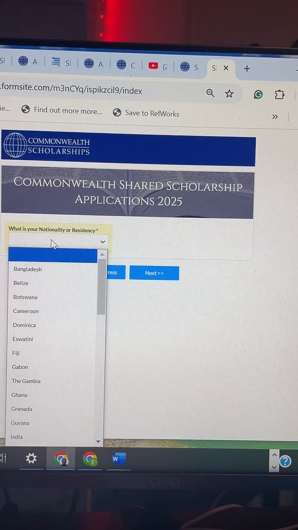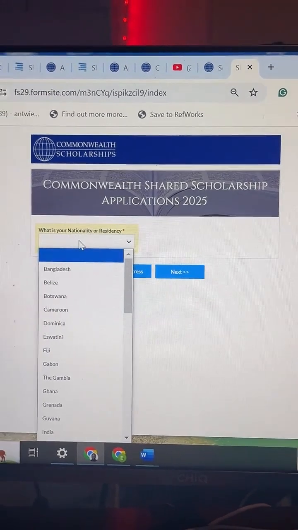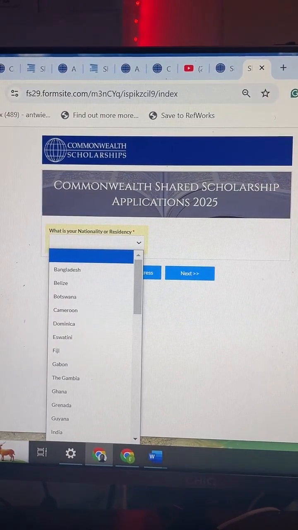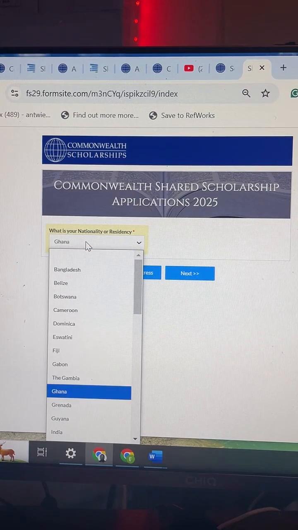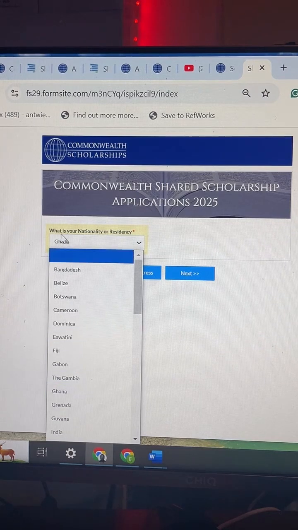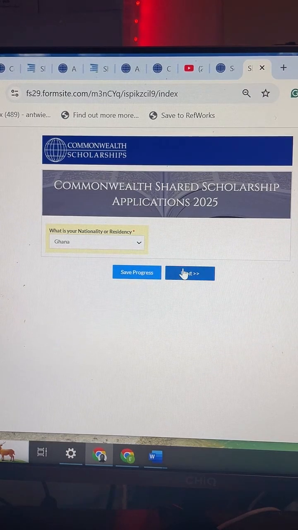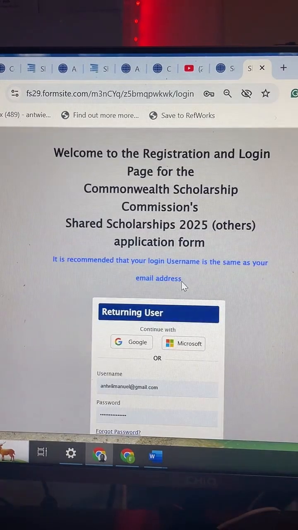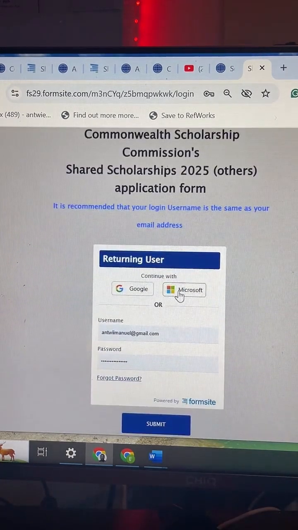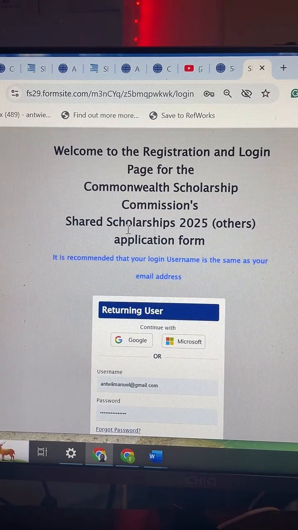So let me open my portal that I've created. And so here, it will ask you if you are making a new application for this scholarship. It will ask you to type in the country, and then you click on next.